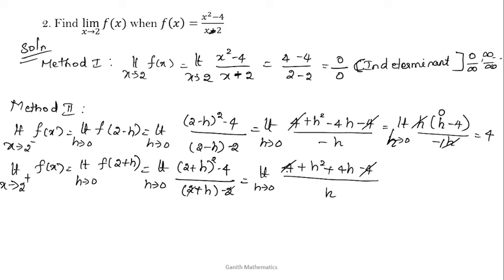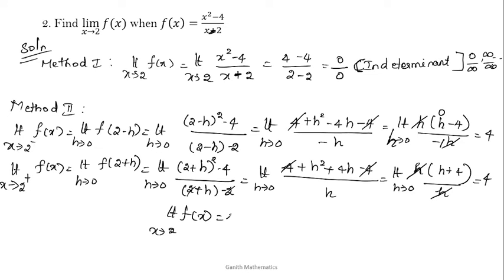So 4 minus 4 will get cancelled. If you take h as a common factor, that will be h plus 4 divided by h. So this h and this h will get cancelled. h tends to 0 will give you 4. So limit x tends to 2 f of x is equal to 4.